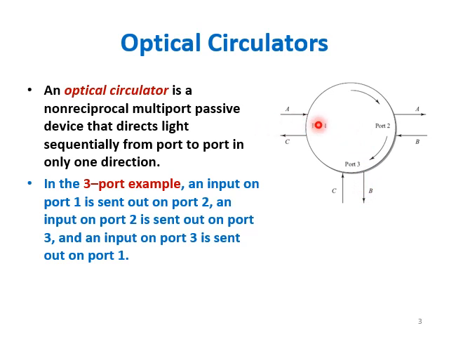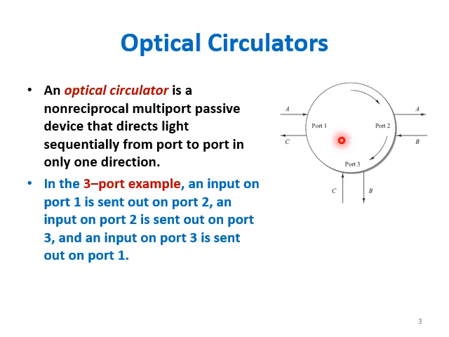An input on port 1 is sent out at port 2, an input on port 2 is sent out at port 3, and an input on port 3 is sent out at port 1. This is how transmission from one port to another happens in multi-port passive devices.